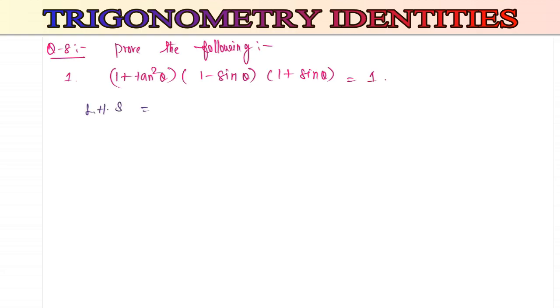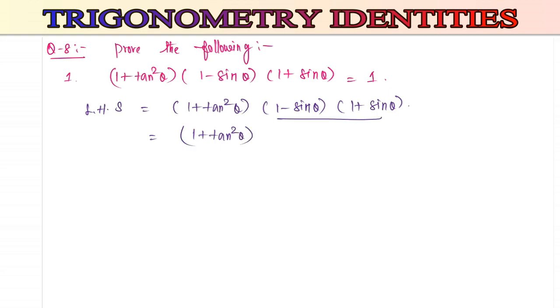LHS is equal to 1 plus tan square theta into 1 minus sin theta into 1 plus sin theta, which should equal RHS. Here, this 1 minus sin theta into 1 plus sin theta is in the form of a plus b into a minus b. A plus b into a minus b is equal to a square minus b square. So I can write 1 square minus sin square theta.